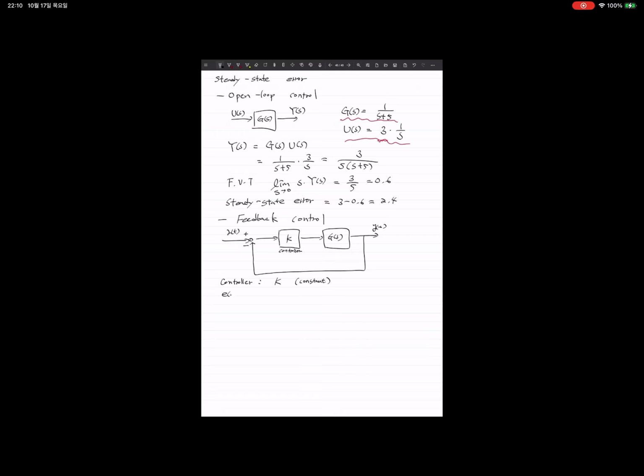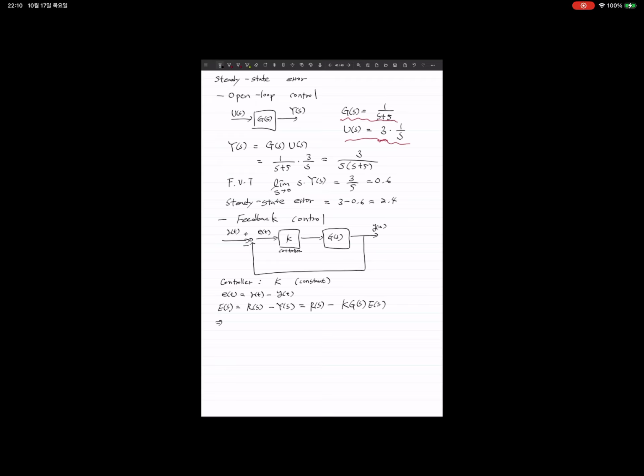Then the E of t, this one, the error, is R of t minus Y of t. If we take the Laplace transform, E of s is R of s minus Y of s. What is the Y of s? Y of s is K times G of s times E of s.